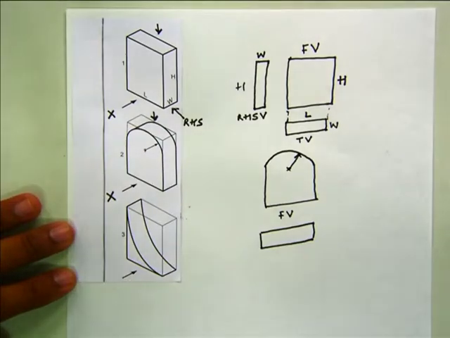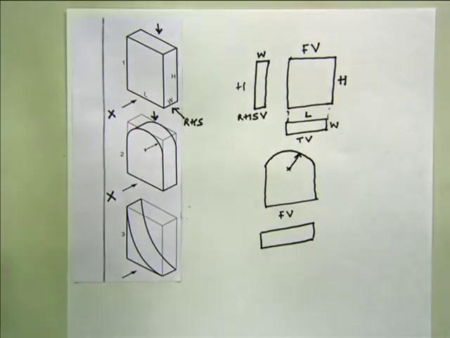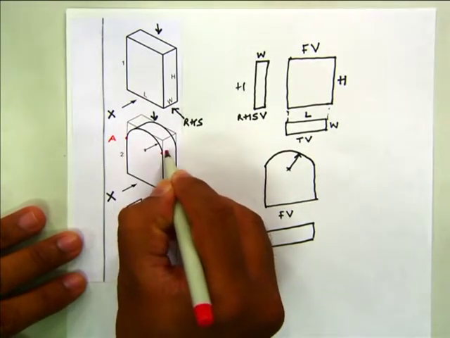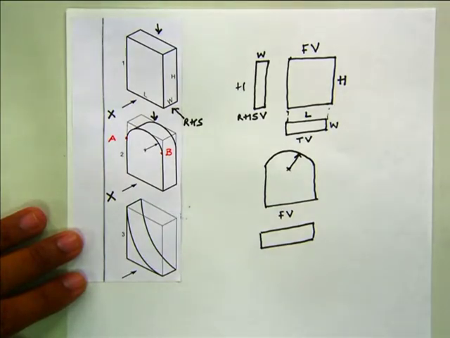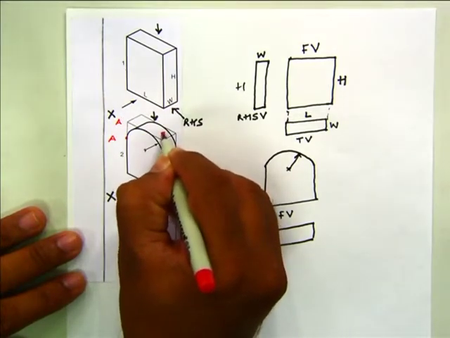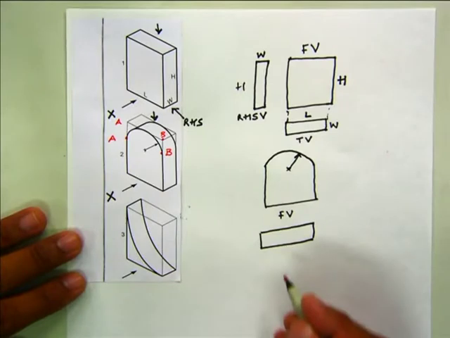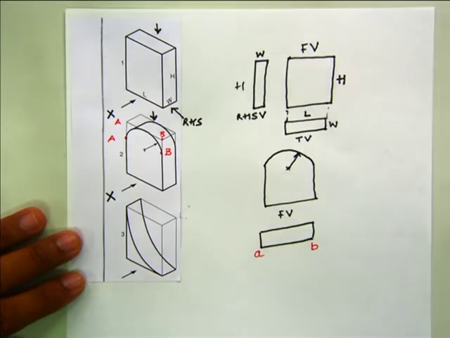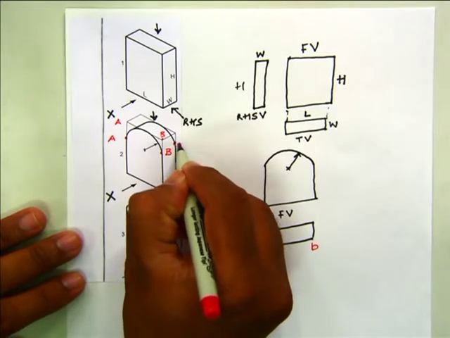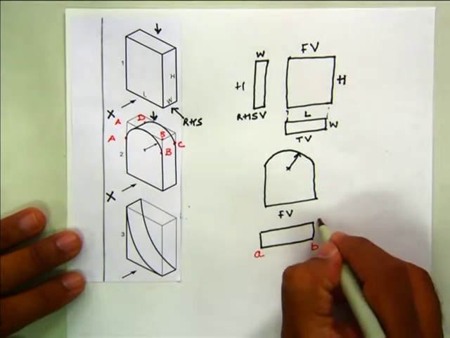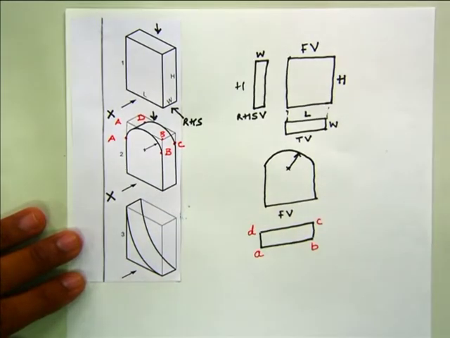Curvature from this end, from this point A to point B. When you are viewing from the top, you can have A and B. Similarly, the backside points C and D. Look here, the top view CD.